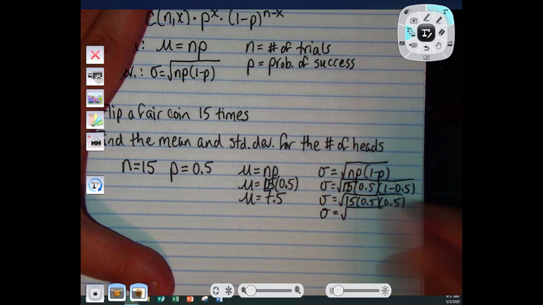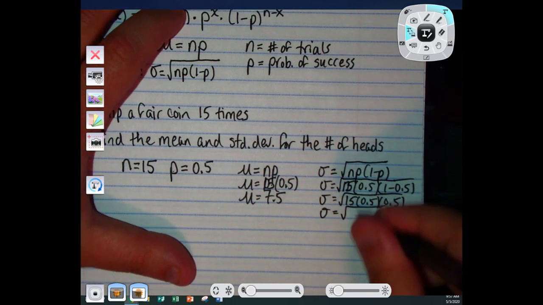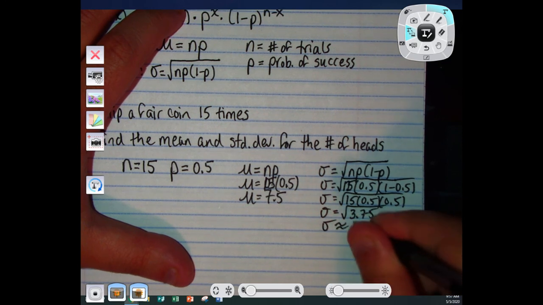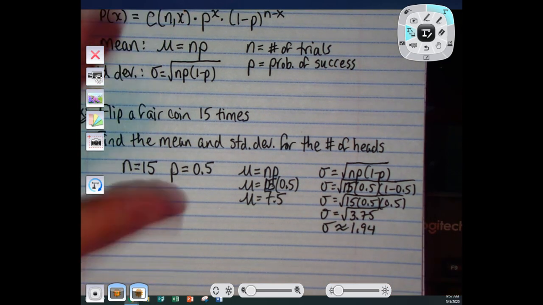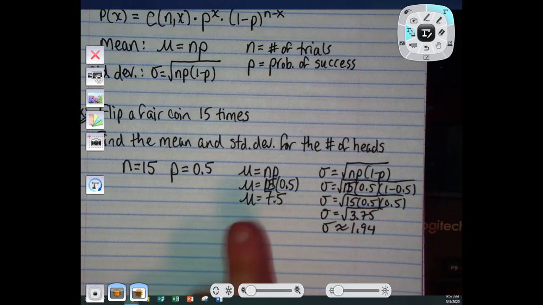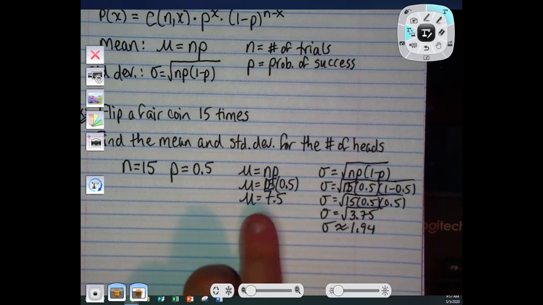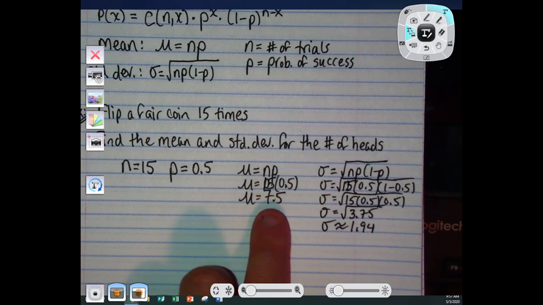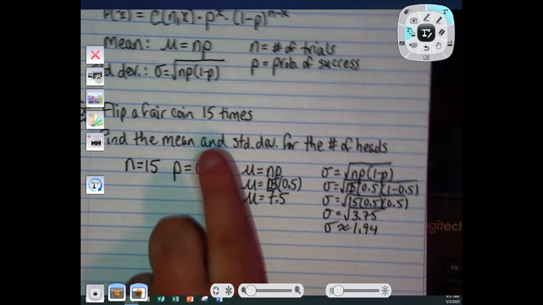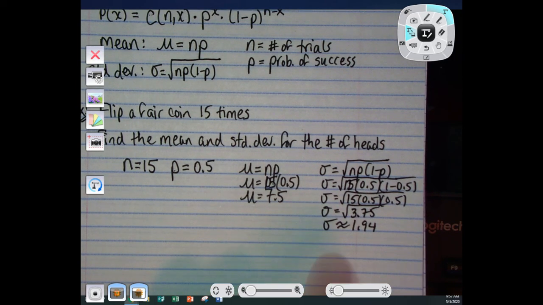So it'd be the square root of 3.75, which is approximately 1.94. So from this, we can get that mu would be 7.5 as the average, or the mean, given this situation, and that sigma is equal to 1.94.